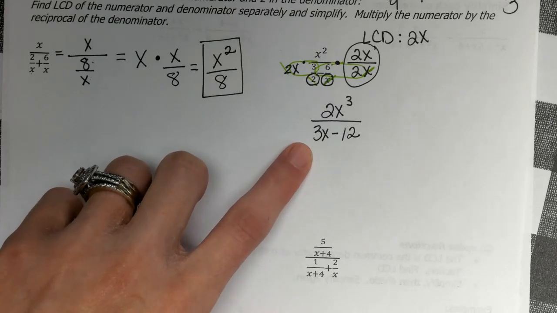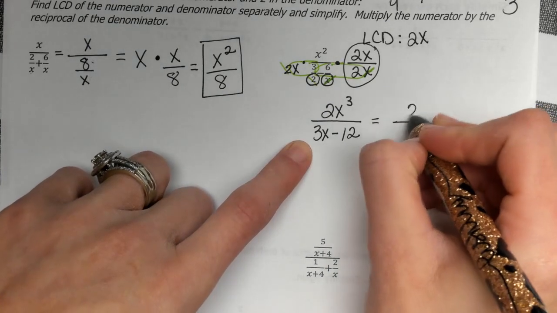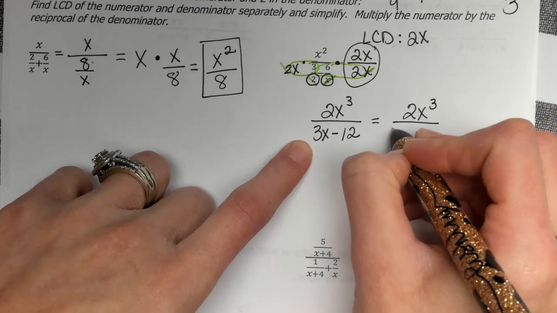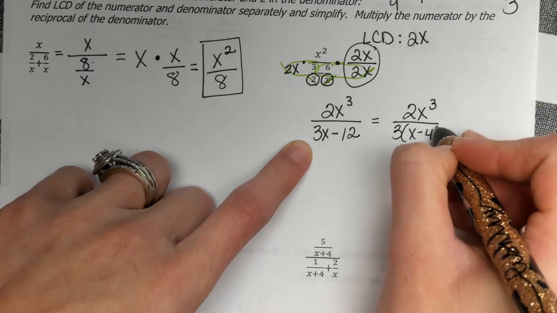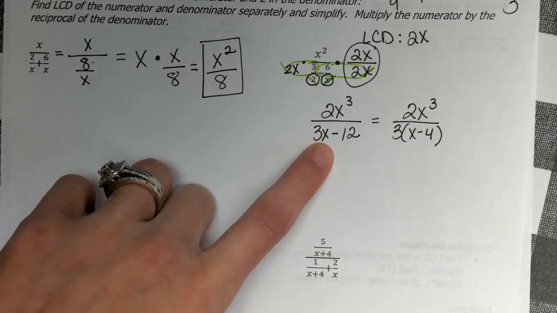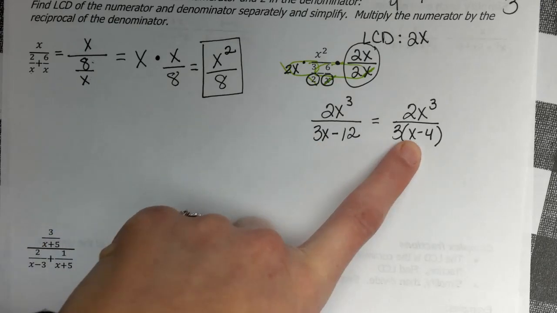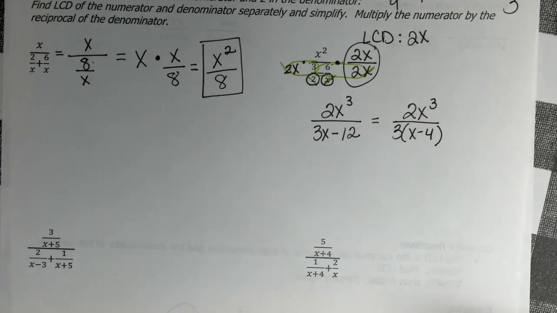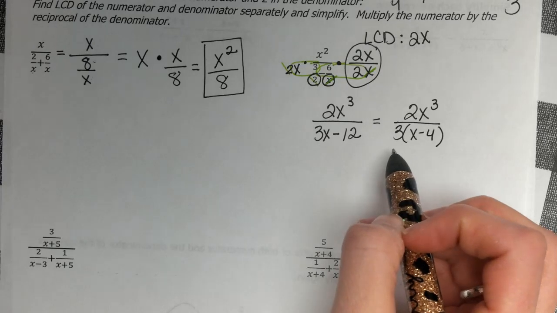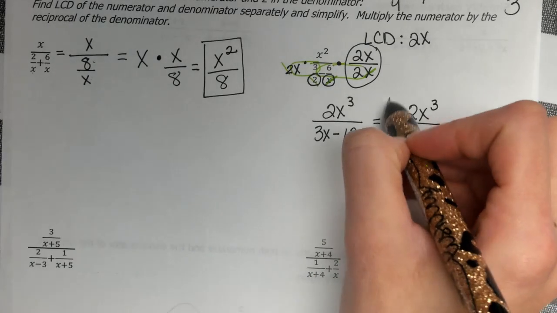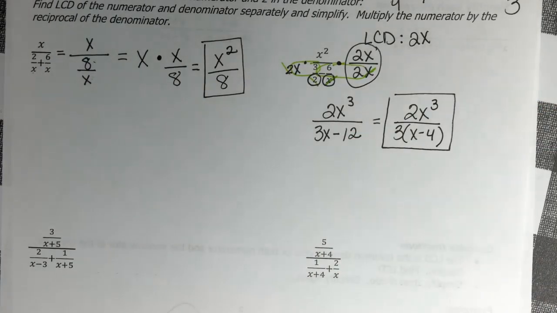I could factor out a 3 if I wanted to, but that's not going to be able to simplify anything. Okay, if I factored out a 3 GCF, it would leave me with x minus 4. That 2 and 3 can't do anything. I'm good with either one. Okay, if you want to just always check to get it into factored form so you don't miss anything, you can.